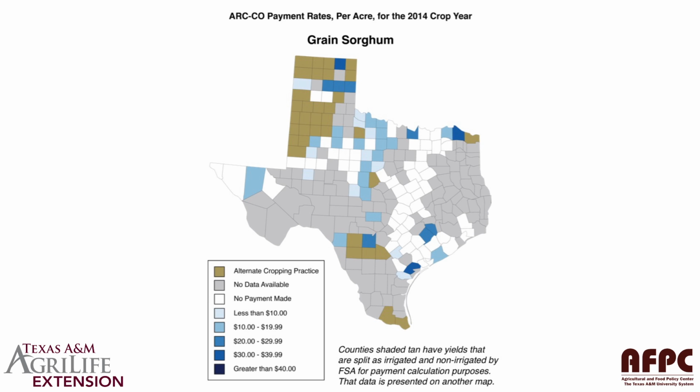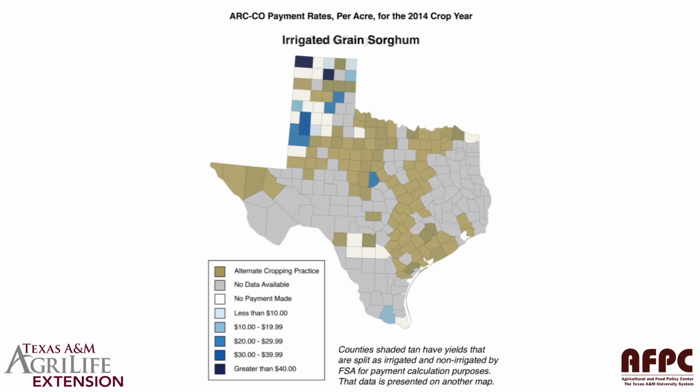It looks like the payments for grain sorghum range anywhere between around $10 to, some of them, as high as around $40, maybe around $30, $35. But in those counties where these payments were triggered, this is going to help offset some of the low prices we've been dealing with.